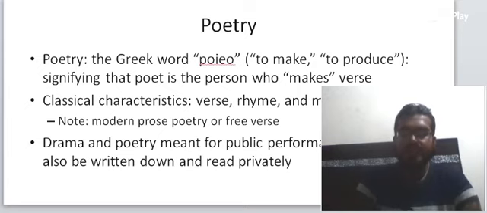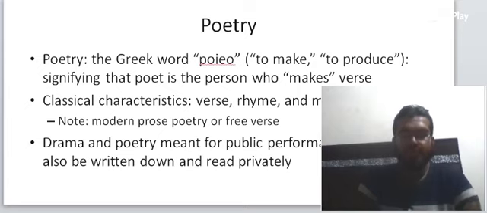So that is why I said that these are classical characteristics of poetry, and the critics and scholars have tried to bring in more elements in order to make the definition cover all types of poetry, whether it be classical or modern.